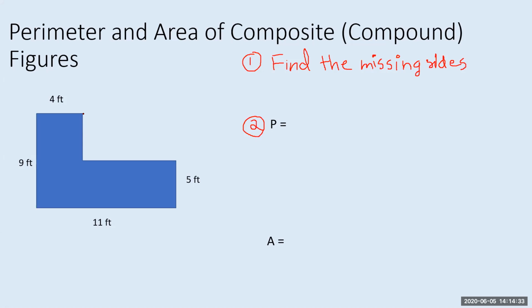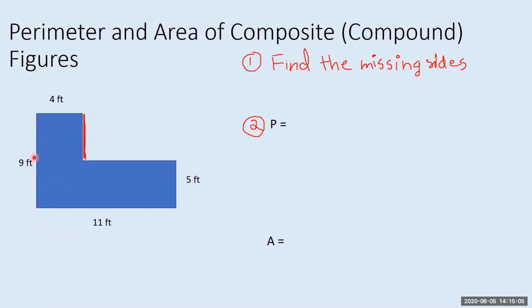So let's start with this vertical side here. Now, usually to find missing side lengths, I want to look at other sides on the shape that are pointing in the same direction. So for this vertical side, I'm going to use these other two vertical sides to help me figure out the measurement.